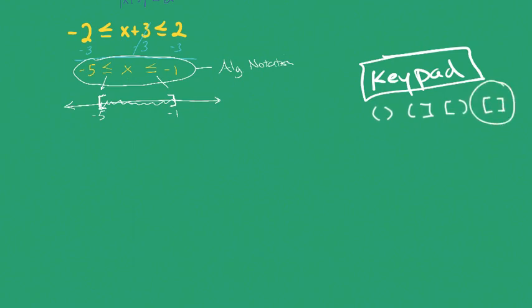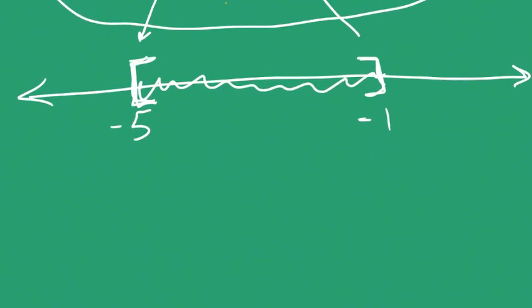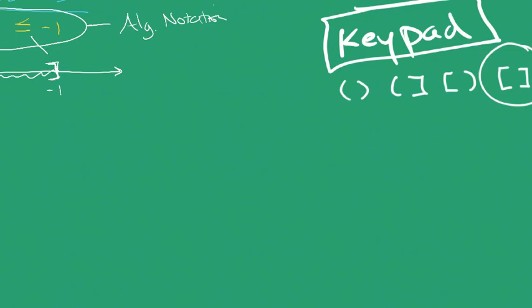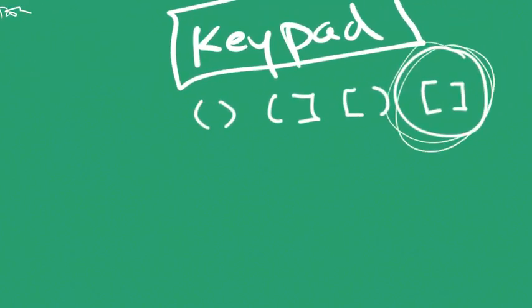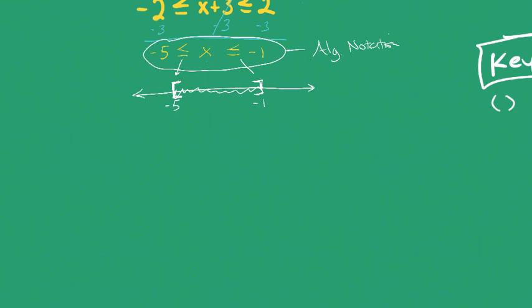In this case, since you've got a bracket on the left and a bracket on the right, we would press keypad and then select this last option, bracket bracket. It'll show up on the graph, and you'll just move the left bracket to -5, you move the right bracket to -1, and then you're done with your graph.